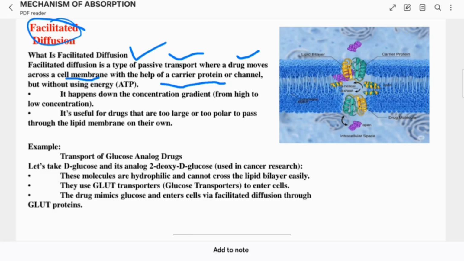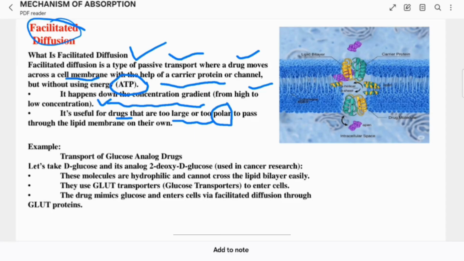But the difference is here there is no use of energy, that is there is no use of energy molecule ATP, and it happens down the concentration gradient, that is from higher to lower, just similar to the passive diffusion. And it is useful for the drugs that are too large or too polar.